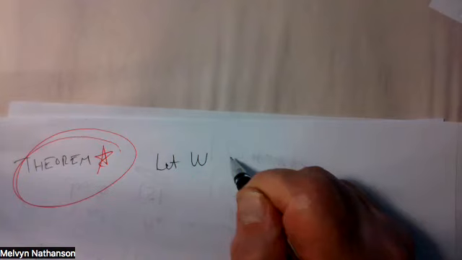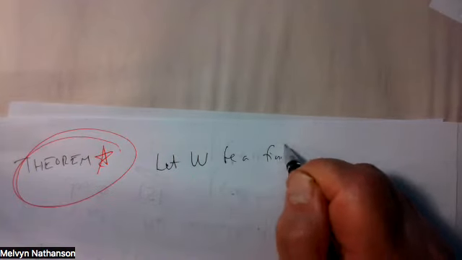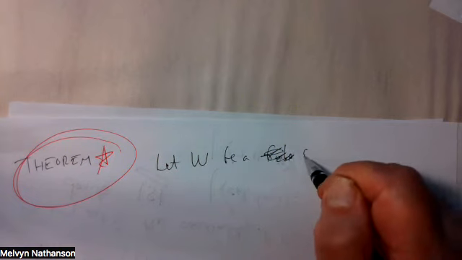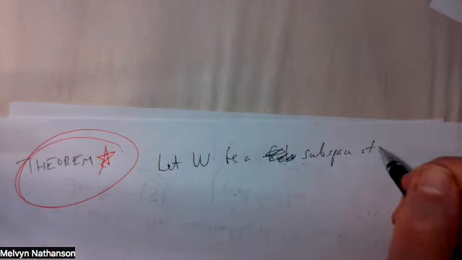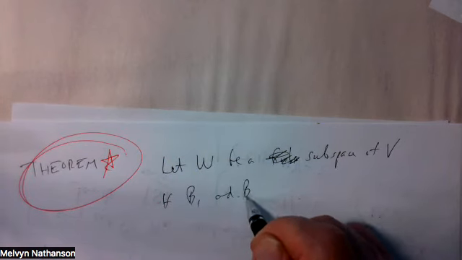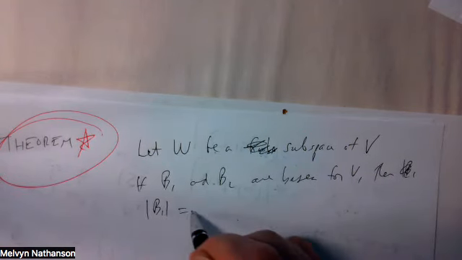Let W be a subspace of V. If B1 and B2 are bases for the vector space V, then they have the same number of elements. The cardinality of B1 equals the cardinality of B2. So you have a subspace.